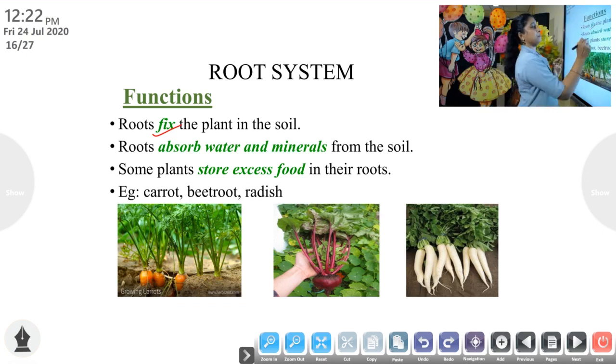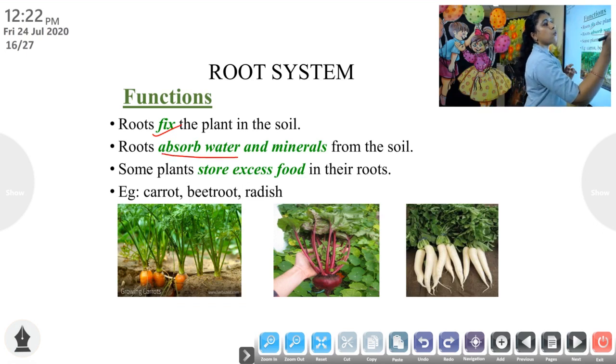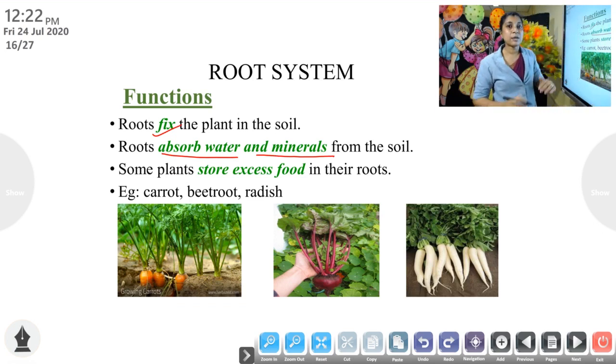And second function, it absorbs water and minerals from the soil. The root system absorbs water and minerals from the soil. Where do we pour water? In the soil, right? From the soil, the roots of the plant absorb water and minerals. For what? I told you, for the preparation of food.